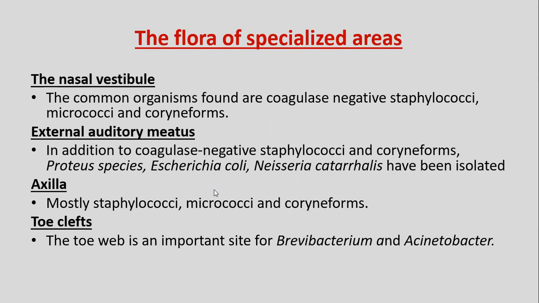Flora of the specialized areas. The nasal vestibule: the common organisms found are coagulase-negative Staphylococci, micrococci, and coryneforms. External auditory meatus: in addition to the coagulase-negative Staphylococci and coryneforms, Proteus species, Escherichia coli, and Neisseria catarrhalis have been isolated. Axilla: mostly Staphylococci, micrococci, and coryneforms. Toe cleft: the toe web is an important site for Brevibacterium and Acinetobacter.